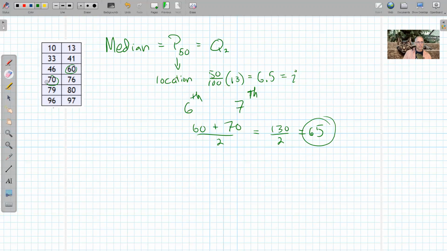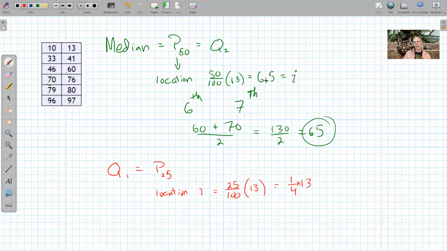So next, let's try Q1. So Q1, the first quartile, would be the 25th percentile. So the first step is to find the location. That's what we call i. And that would be 25 out of 100 times the number of elements plus 1. So that would be 13. So cleaning that up, that would be 1/4 of 13. And if you need a calculator to do that, go get one.